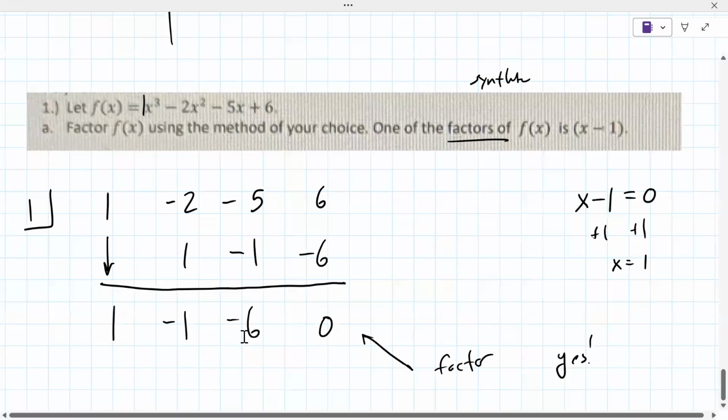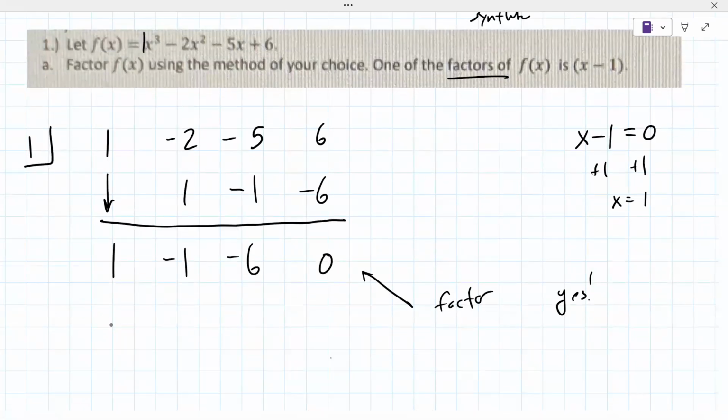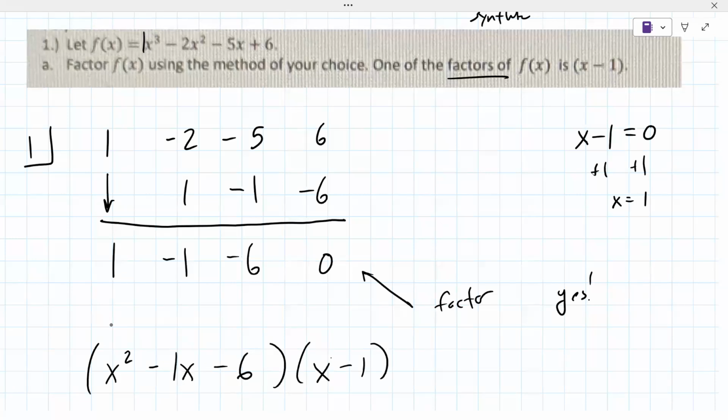All right. So Claire, can you tell me what the new polynomial is? It's okay if you don't know. I'm just asking. Would it be x squared minus 6x? It's -1x, -6. Yeah, I forgot about that, okay. It's okay.